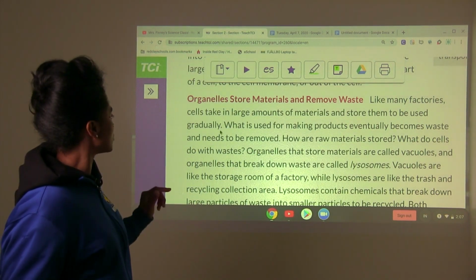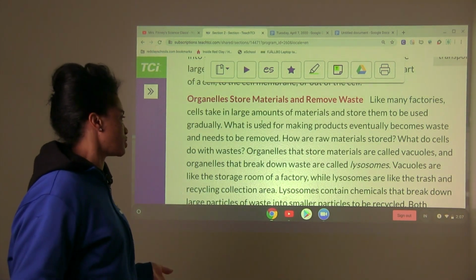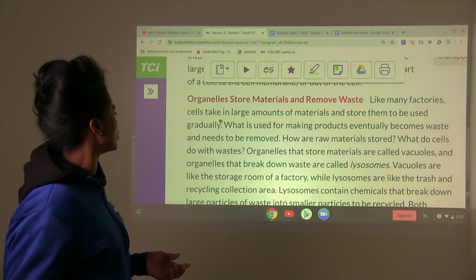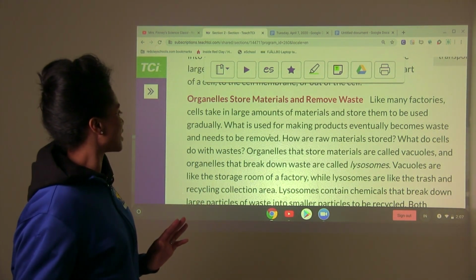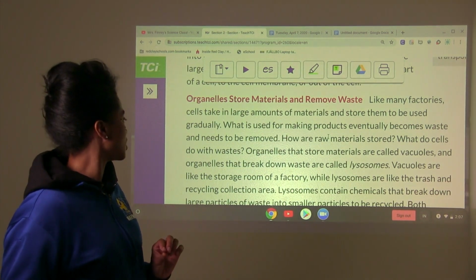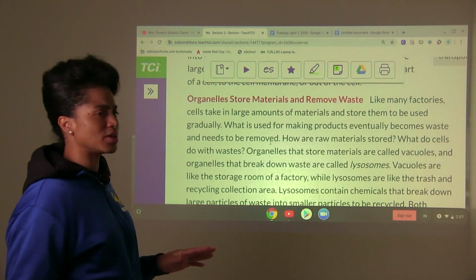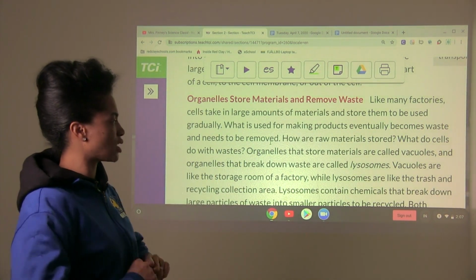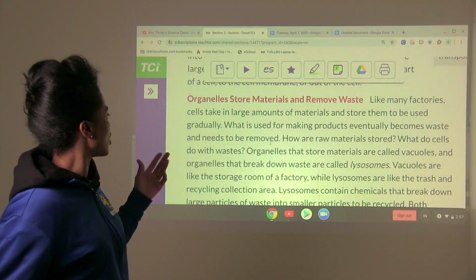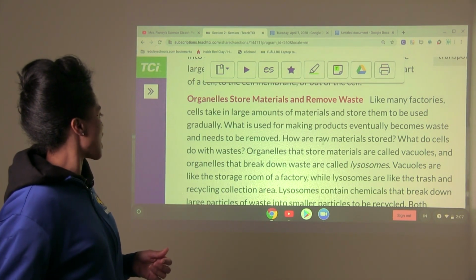Organelles store materials and remove waste. Like many factories, cells take in large amounts of materials and store them to be used gradually. What is used for making products eventually becomes waste and needs to be removed. Just like the digestive system has a process to get waste out, we need to make sure we get the waste out of the cells.